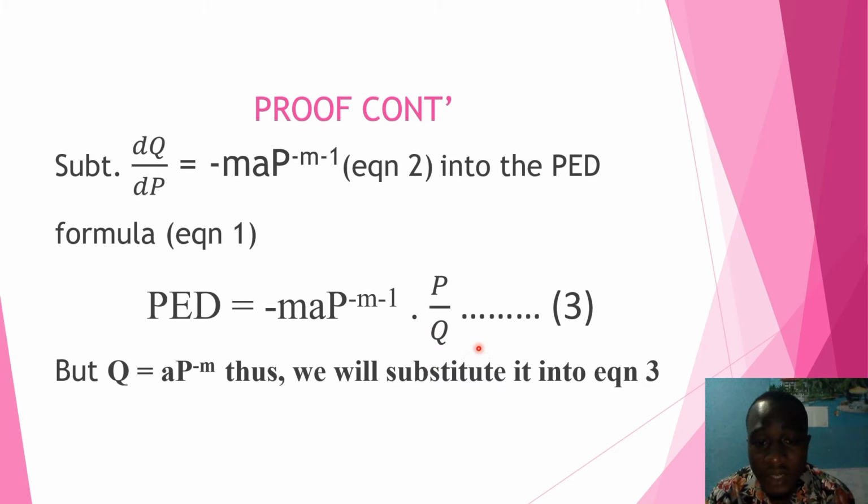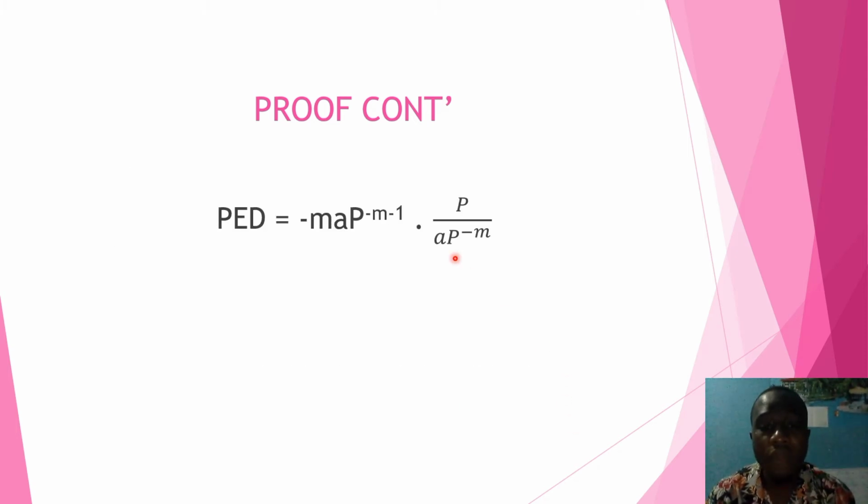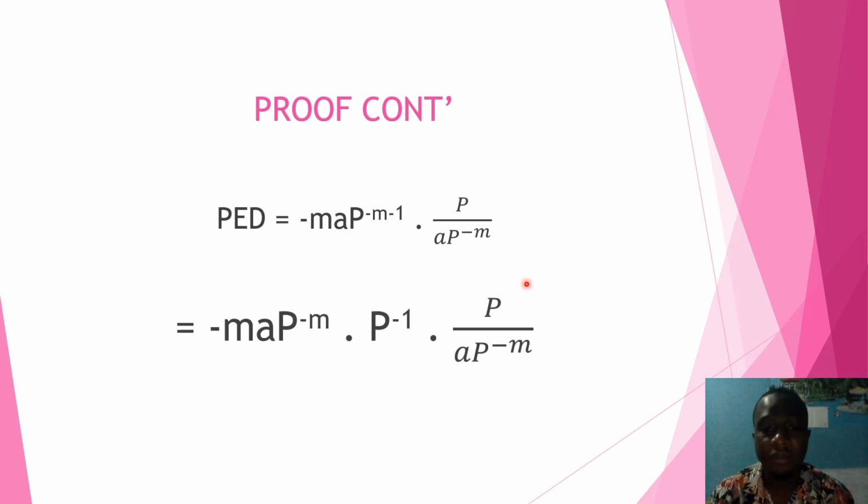Instead of the Q here, we substitute AP exponent minus M. When we do that, we now have minus MA P exponent minus M minus 1 multiplied by P over AP exponent minus M. So now we continue with our manipulation.